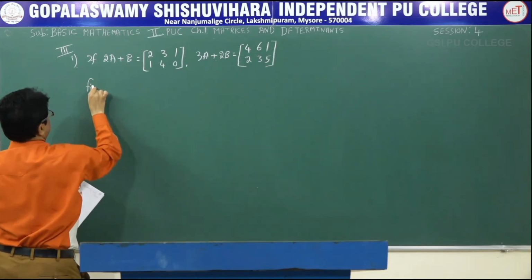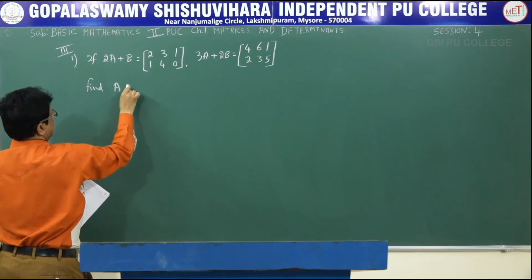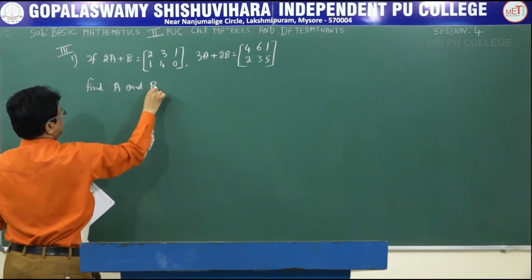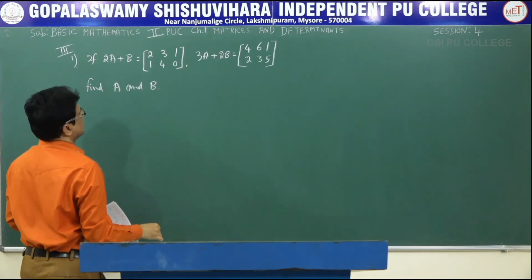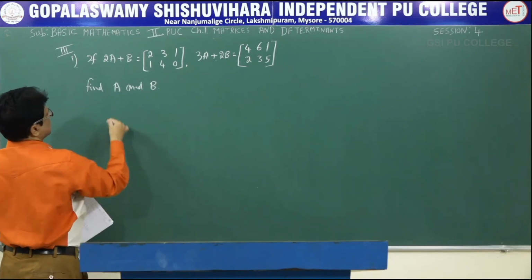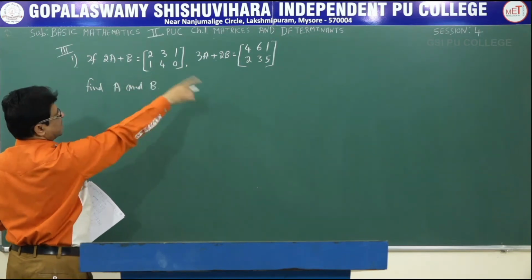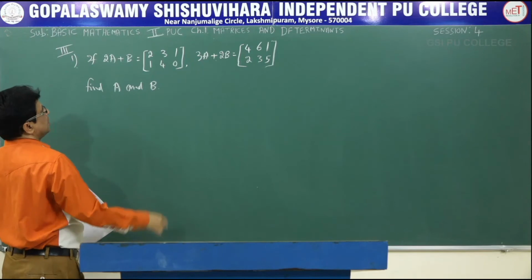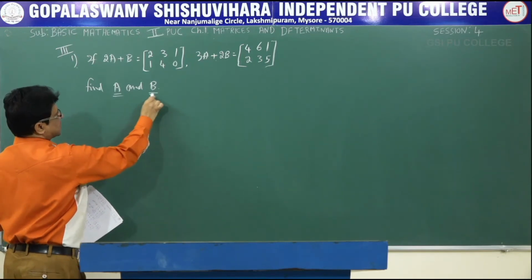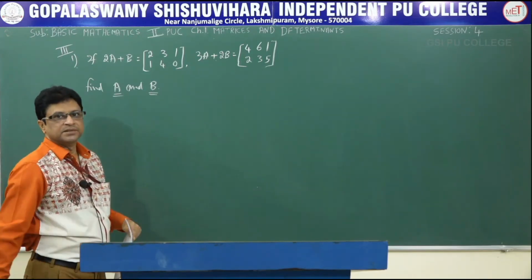Find A and B. So here they have given two matrix equations. So we have to find the matrices A and B.